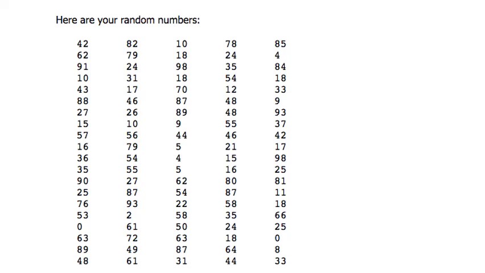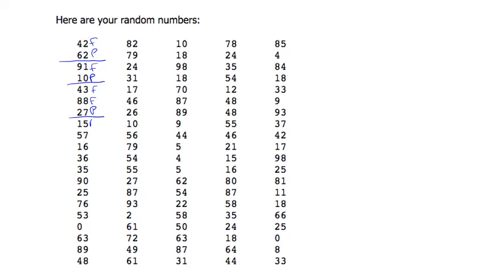So 42 is a fail because it's not between 00 to 39. 62 is a pass because the second time you take your test, the probability of you passing the test rises to 65%. So that's the end of run 1. So run 2, 91 is a fail, a 10 is a pass. Trial 3, 43 is a fail, 88 is a fail, 27 is a pass.